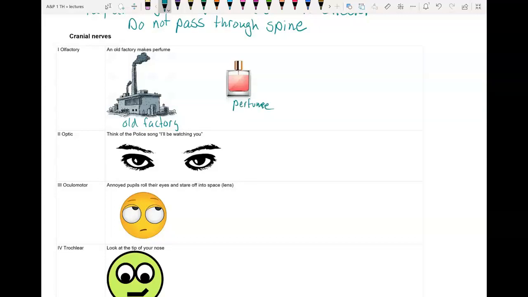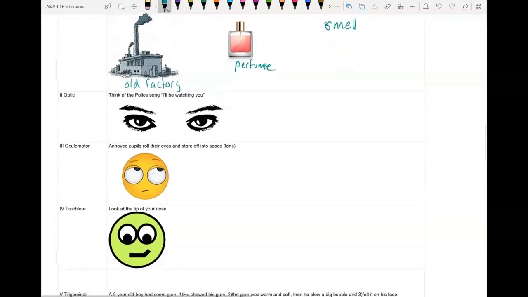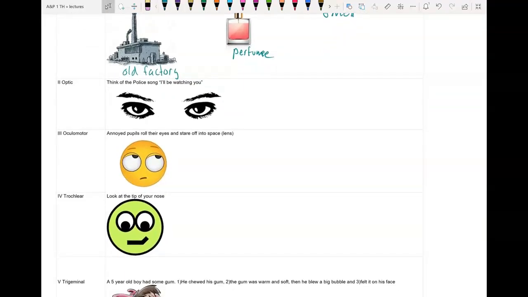So the olfactory nerve carries your sense of smell. And that is CN1. That's why it has a Roman numeral 1. Cranial nerve number 2 is the optic. And if you know that old police song, I'll Be Watching You, you can think of that for the optic nerve. This nerve is what carries vision.